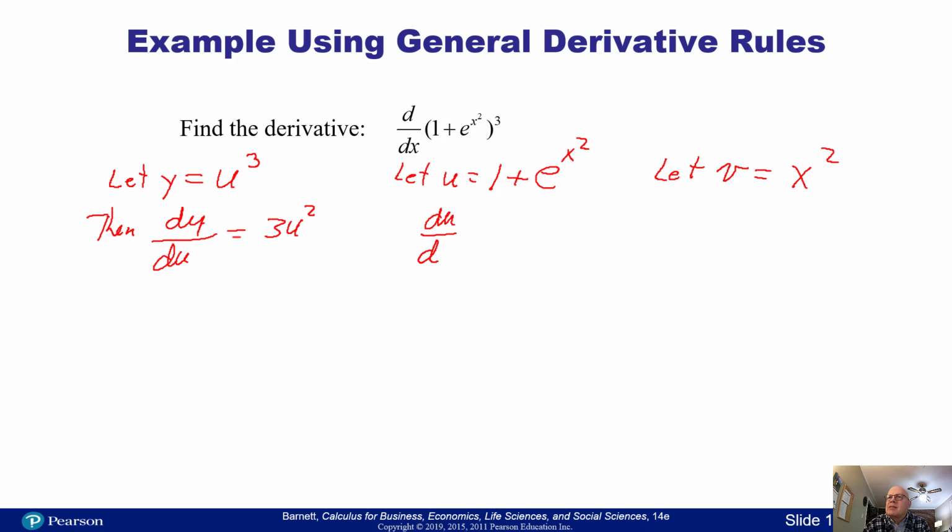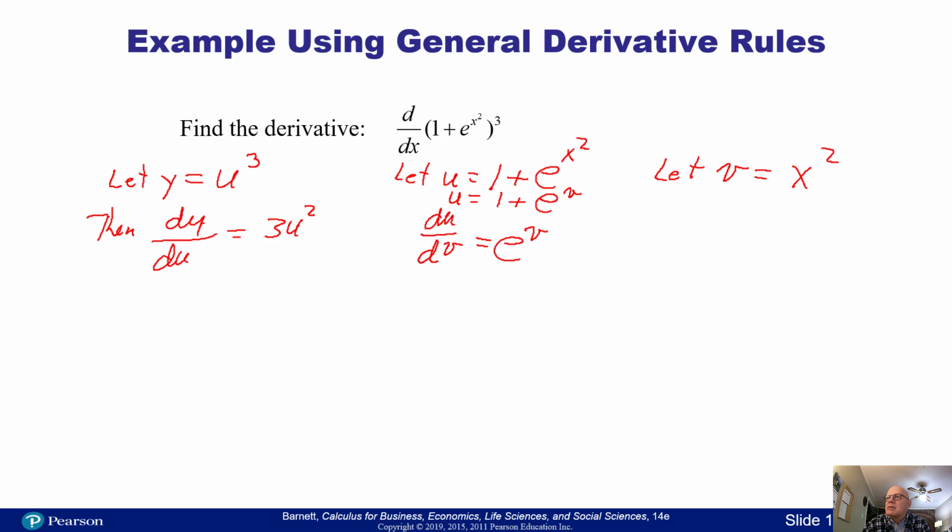Well, we make this u into 1 plus e to the v, making everything a little bit easier, because v is x squared, so we can rewrite the u that way. Make everything as easy as possible. So we've got du/dv now. Equals. So what's the derivative? Oh, that's easy. There's 0, just e to the v. We're not making this hard, we're actually making it easier, even though it's more complicated.